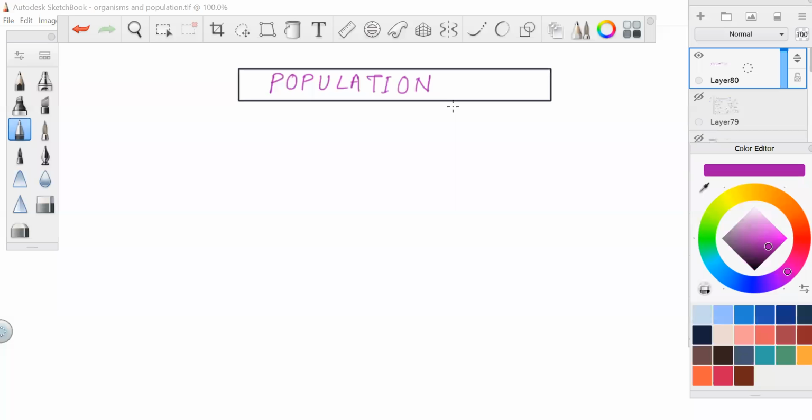Because we never find any isolated single individual of any species. They are always in groups, right? Have you seen any single individual? No. Any species will exist in groups.